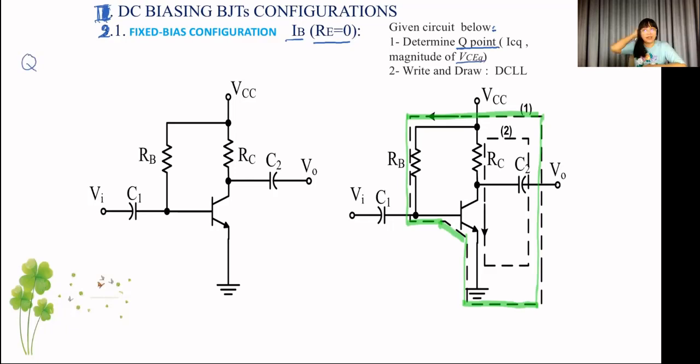Of course, this is a position on the volt ampere output characteristic, right? And the second, draw or determine the DCL. This is a DC line. Phương trình đường tải tĩnh.